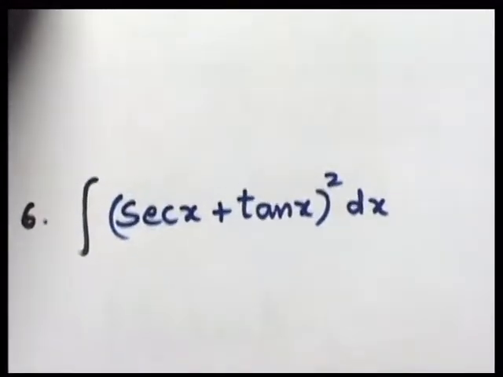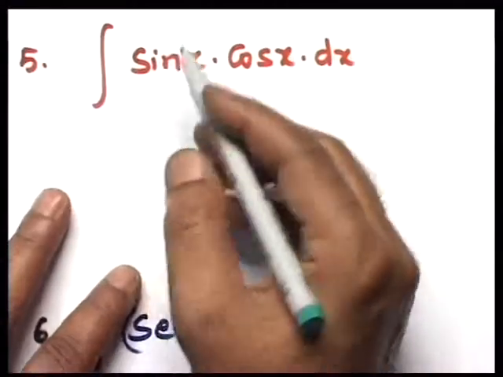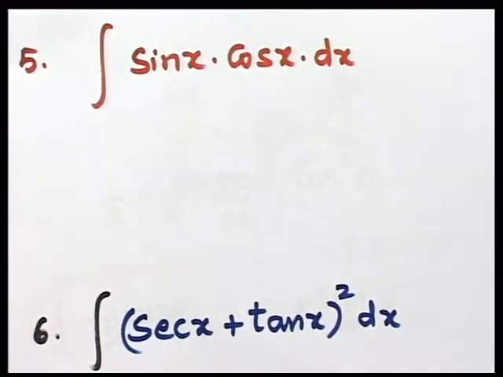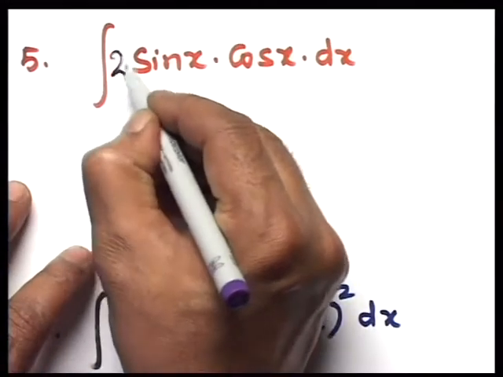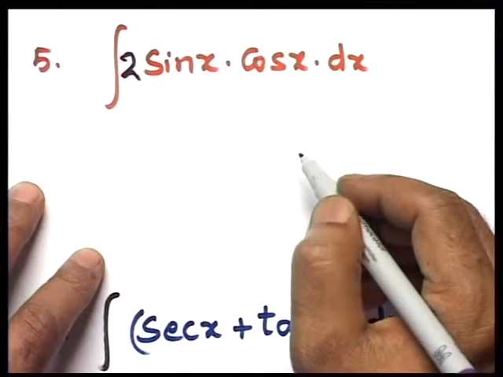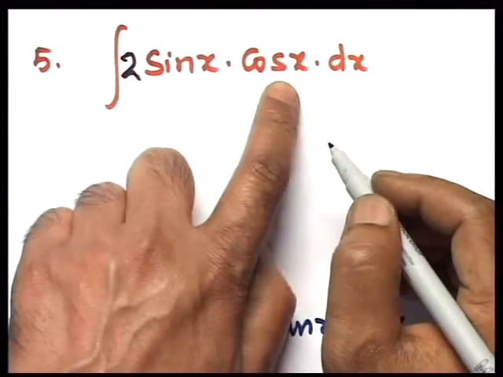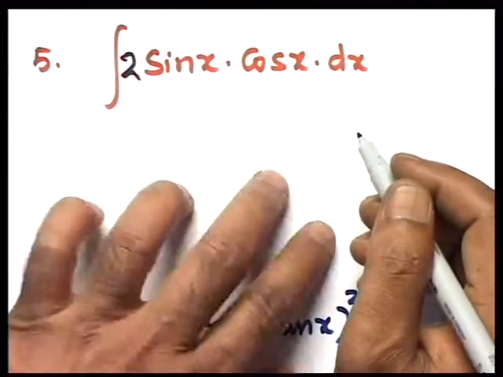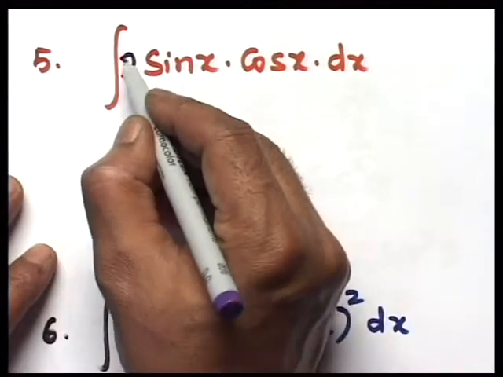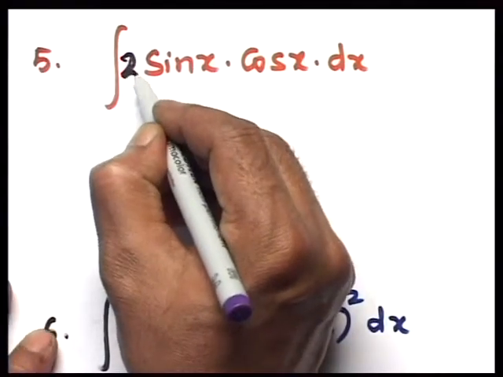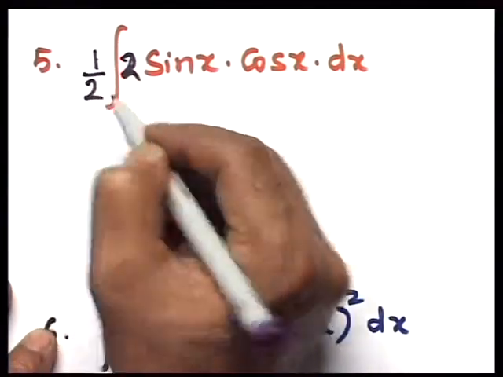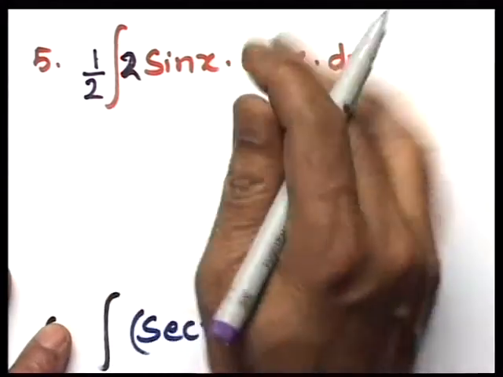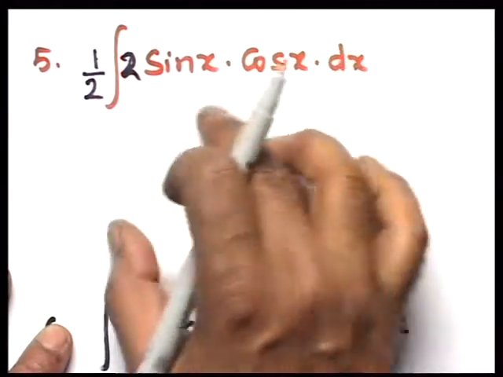So that's what we are going to do now. If I introduce a 2 in front there, that looks like 2 sin theta cos theta. We can write that as sin 2 theta, right? Because we introduced a 2, we multiply by a half, right?